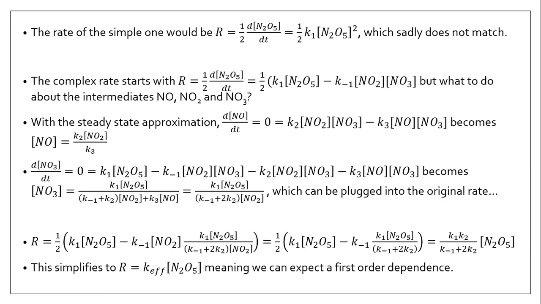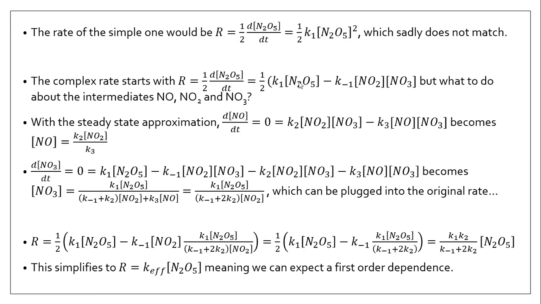that's k2 over k3 times [NO2]. So that knocks out the k3, and that becomes k2[NO2]. So we can add that in to get both terms of k2 to say the concentration of NO3 is k1[N2O5] over k-1 plus 2k2[NO2], which can be plugged back into our original equation.